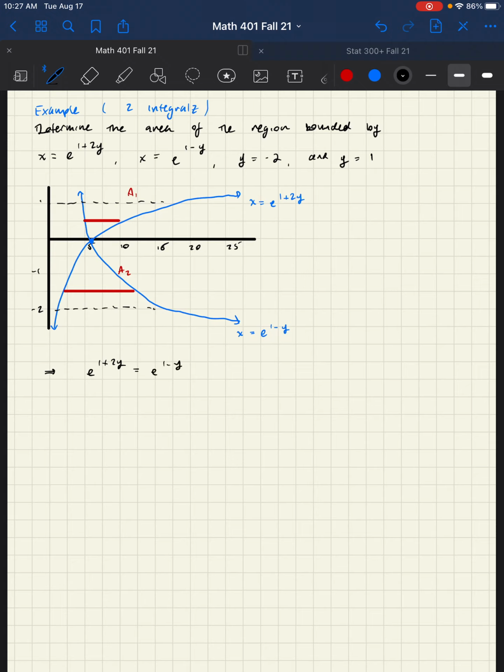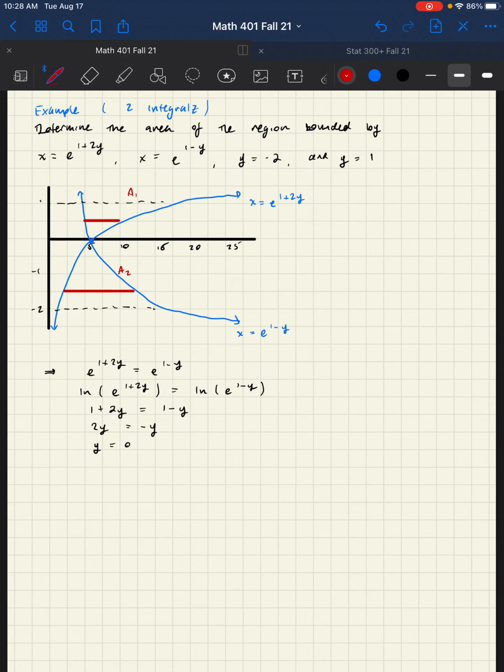So e to the 1 plus 2y is equal to e to the 1 minus y, which means if you take the natural log of both sides, that'll preserve the equation, and it'll just bring the powers down, so you end up with 1 plus 2y equals 1 minus y, and then solving for y, you get 2y equals negative y, which just means y equals 0. So our suspicion was correct.